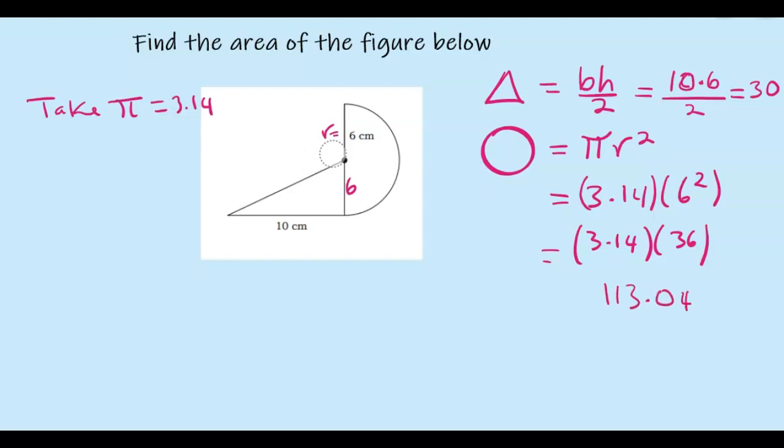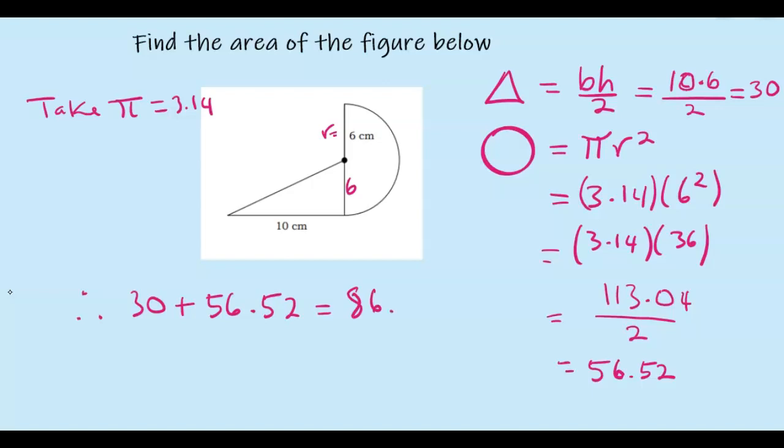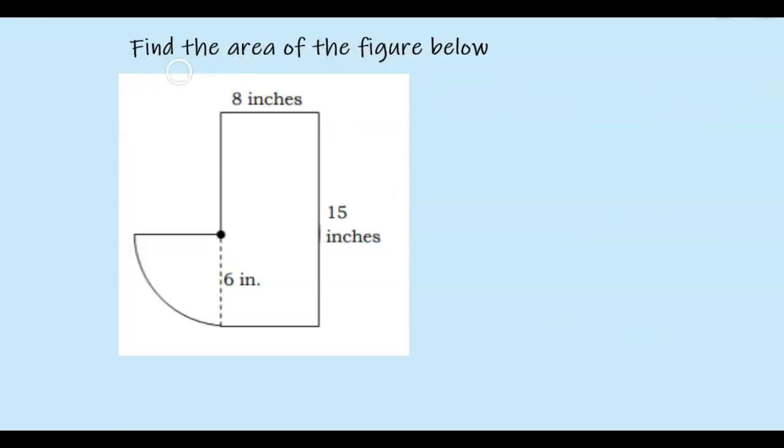We realize that this was a semicircle, so we have to divide it by 2, and we got 56.52. So therefore, the area of this shape is going to be 30 plus 56.52, which gives us 86.52 centimeters squared.